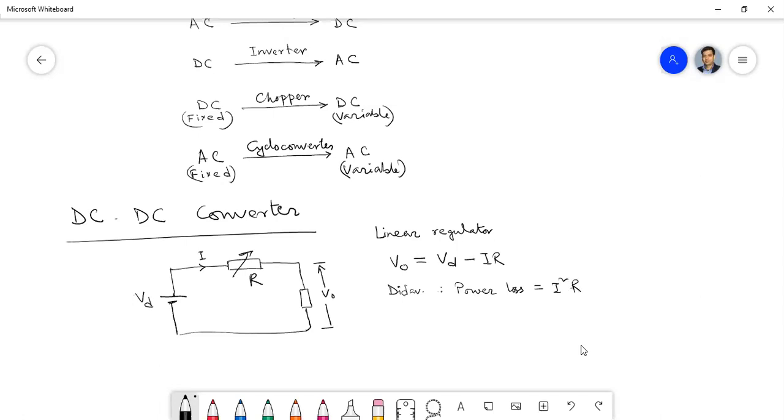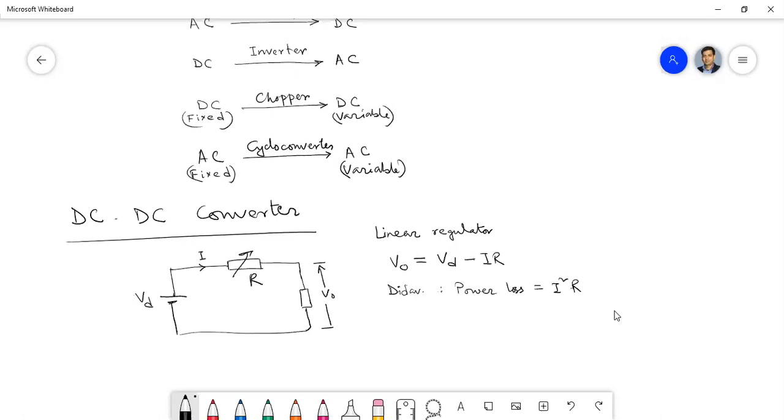So how can we minimize the I square R loss? Okay, what is your suggestion? So you have two options: either you can reduce the current or you have to reduce the resistance. Do you have any suggestion?